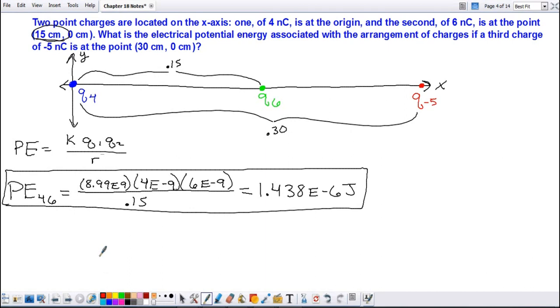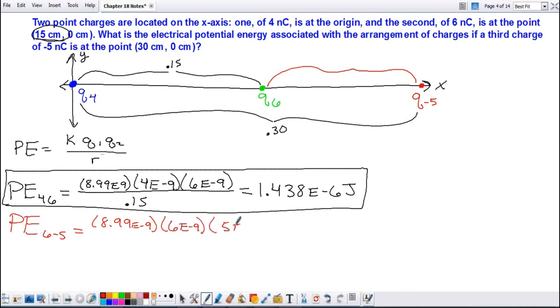Step 2. Find the electrical potential energy between another pair. So let's go between the 6 and the -5. The electrical potential energy between the 6 and the -5 is equal to Coulomb's constant times the first charge, 6 times 10 to the -9th, times the second charge, -5 times 10 to the -9th. Now, we do put the negatives in here because this is a scalar.